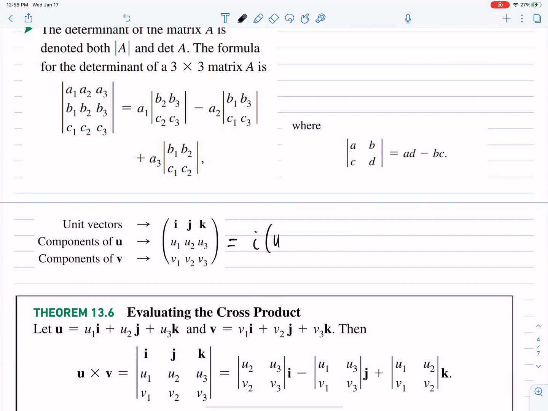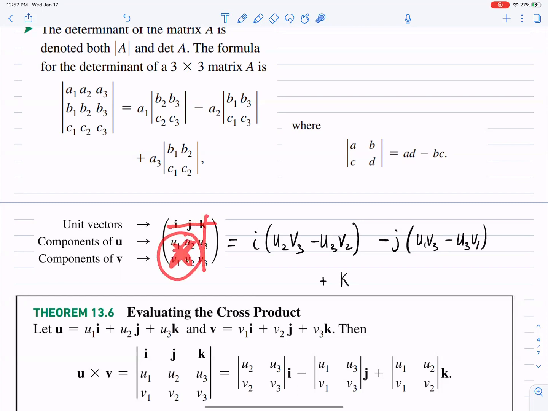Then it's minus J times, crossing out its row and column, U1 V3 minus U3 V1. And then finally plus K, crossing out its row and column, you get U1 times V2 minus U2 times V1.